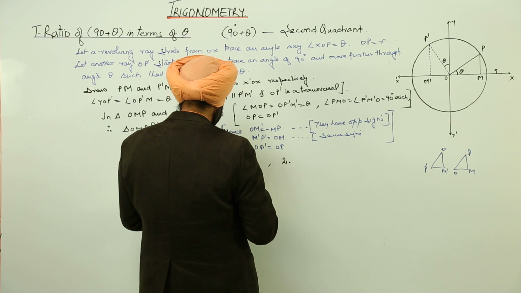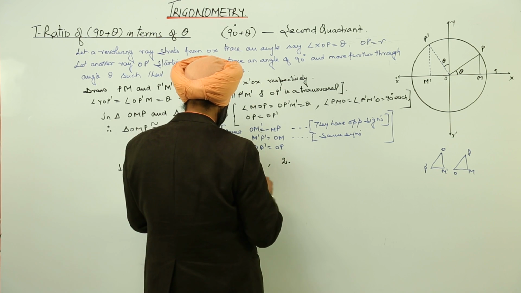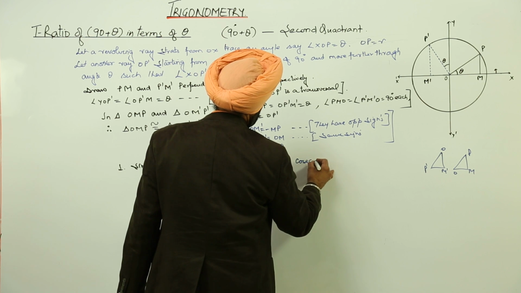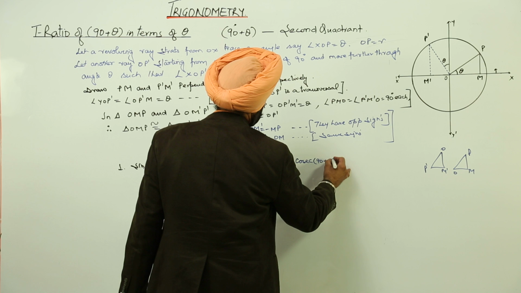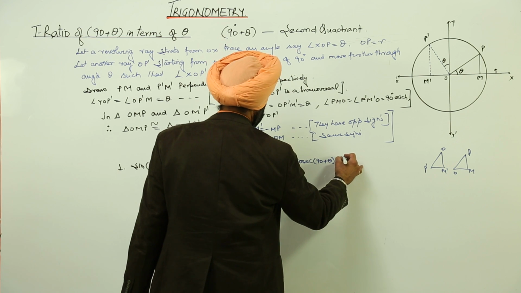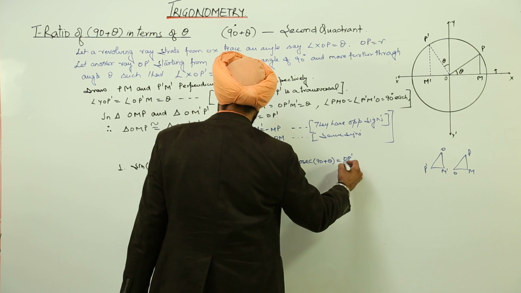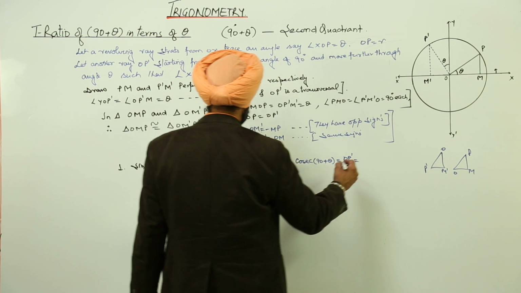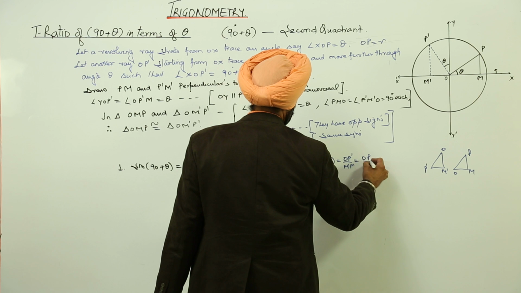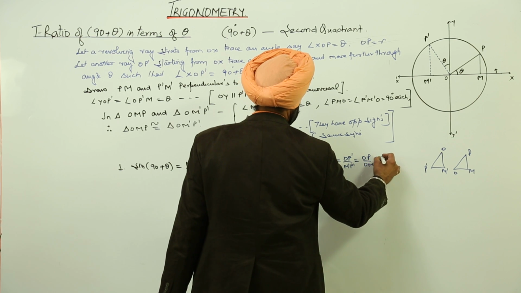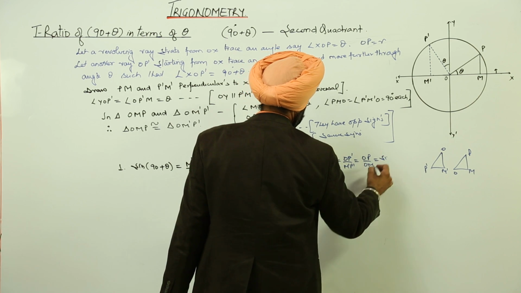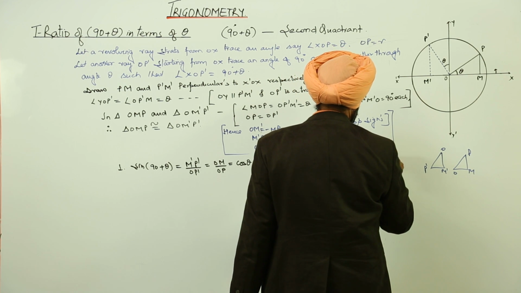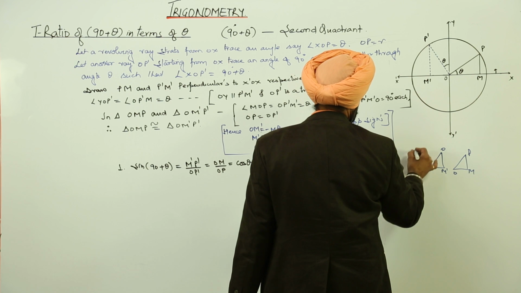Now number 2, cosecant 90 plus theta is equal to OP dash upon M dash P dash, which is equal to OP upon OM, which is secant theta.